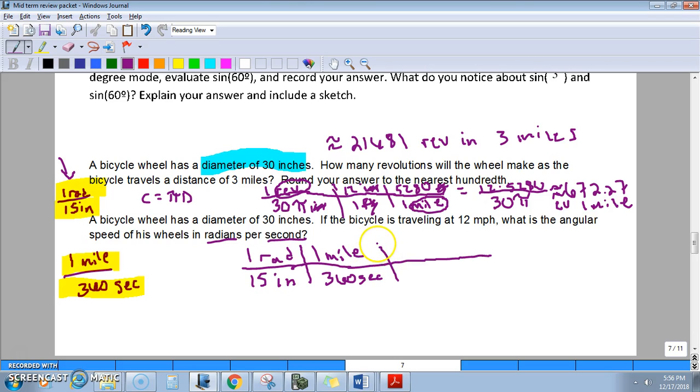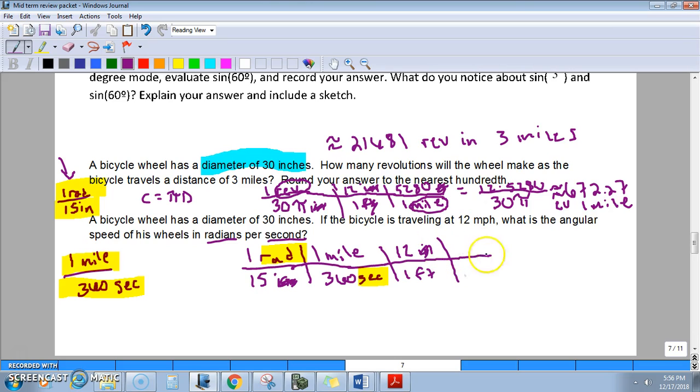So to cancel out my inches, I know that there are 12 inches in 1 foot. That will cancel out my inches. Remember, all I want to have left is radians and seconds. So I have to figure out how to get rid of all of these other things.